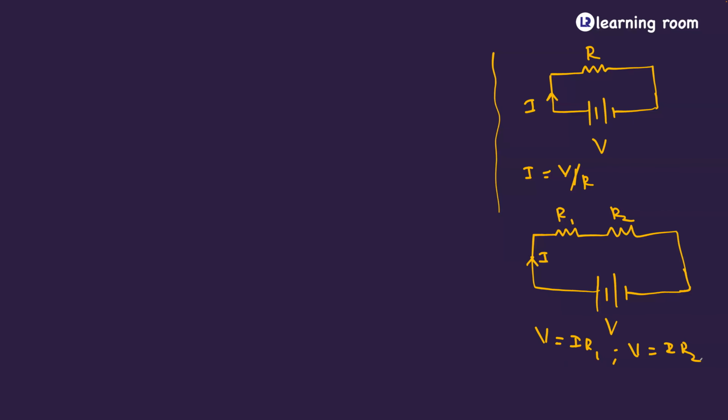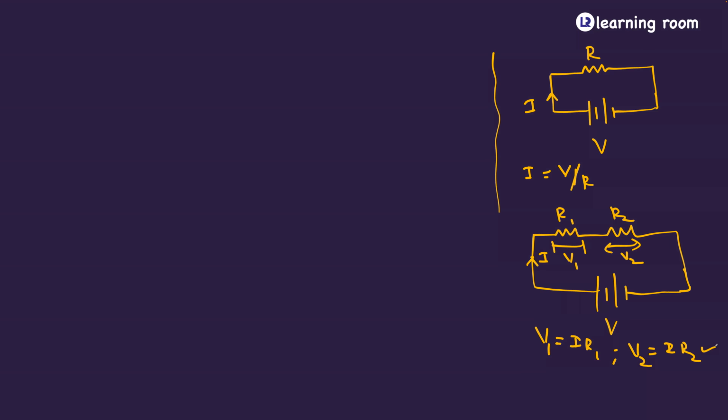I'll be able to write the potential drop only across individual resistors. Meaning, if the potential drop here is V1 and here it is V2, then V1 is equal to I R1 and V2 is equal to I R2. Am I clear with this? Here it is simple, because they are in series. You will make it a single resistor by finding the equivalent value and then do it.